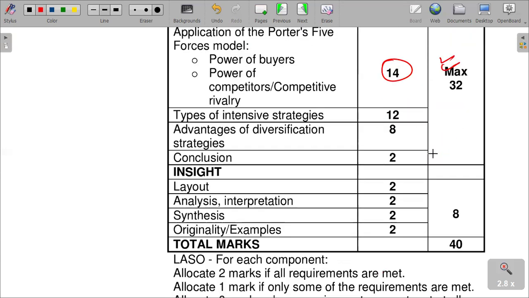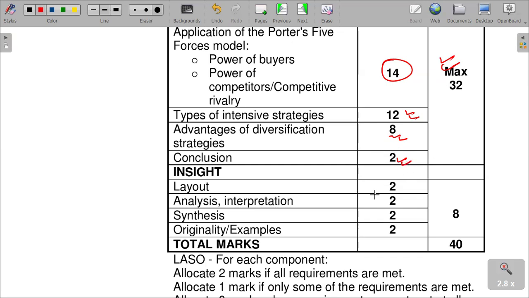Types of diversification strategies has 12 marks, and advantage of diversification is 8 marks. The content that you write must tally with the marks that are given. Conclusion is only 2 marks.